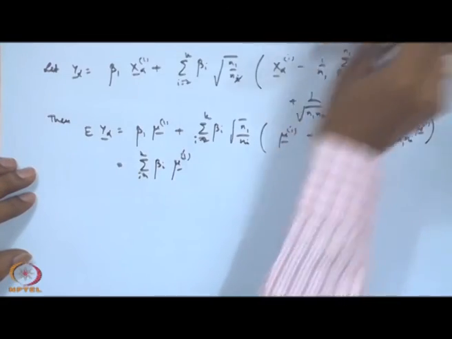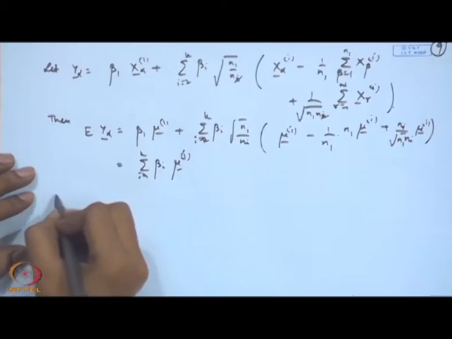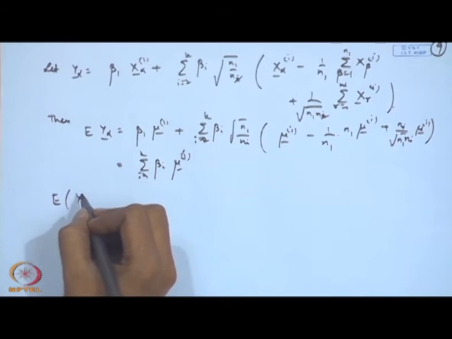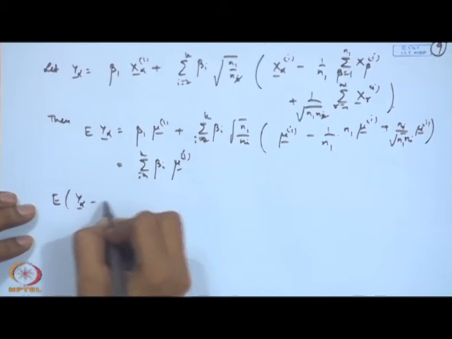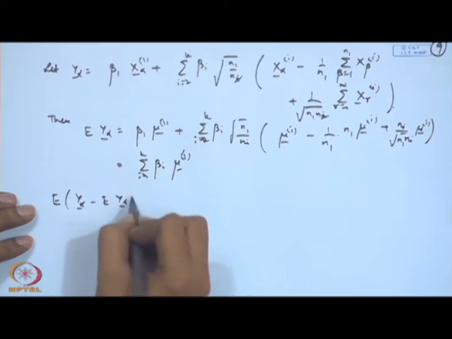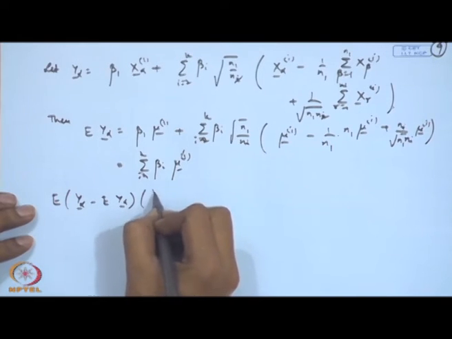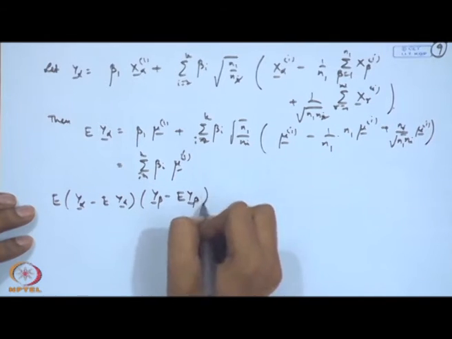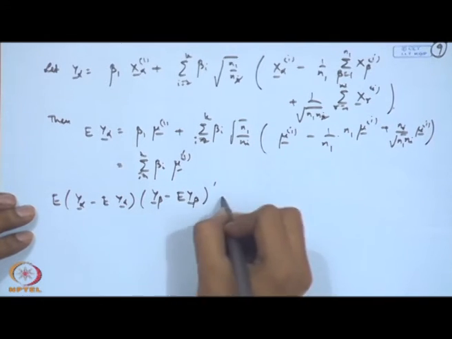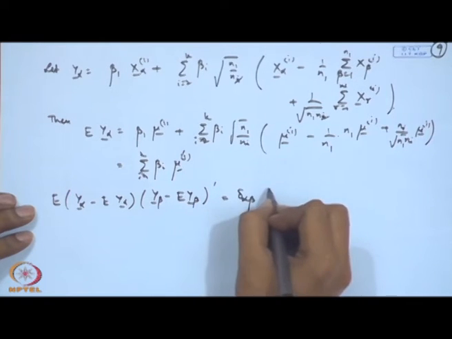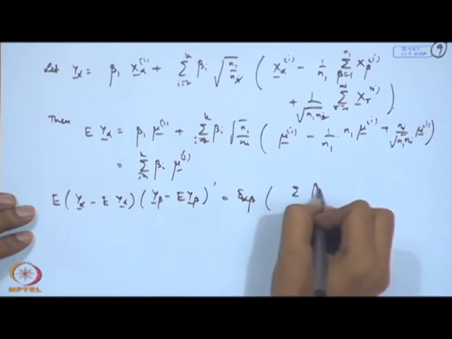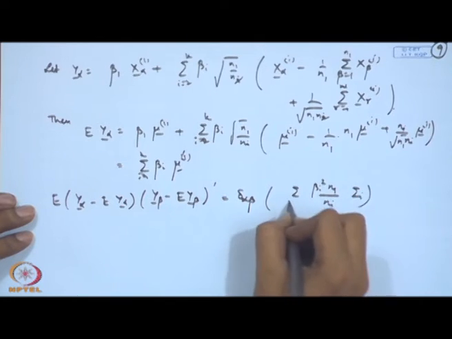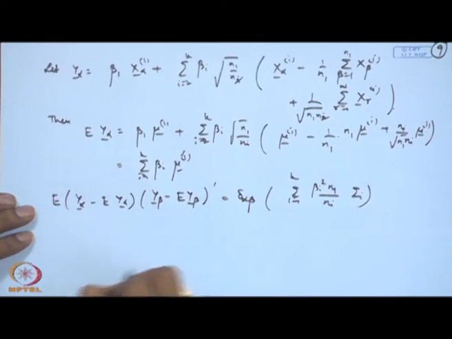So, we can consider, and similarly if we consider the variance covariance matrix of this based on y alpha, y beta minus expectation y beta transpose, then that is equal to delta alpha beta sigma beta I square n 1 by n I sigma I, I is equal to 1 to k.